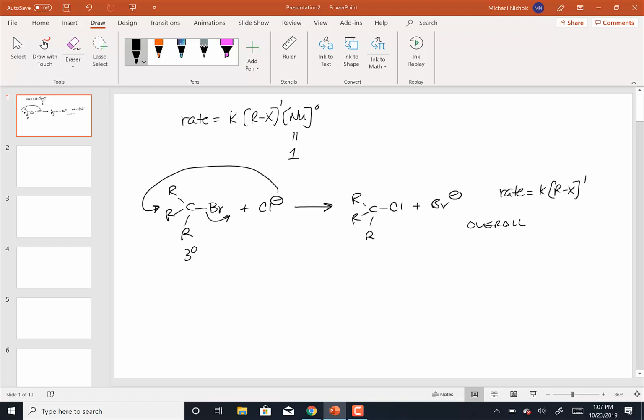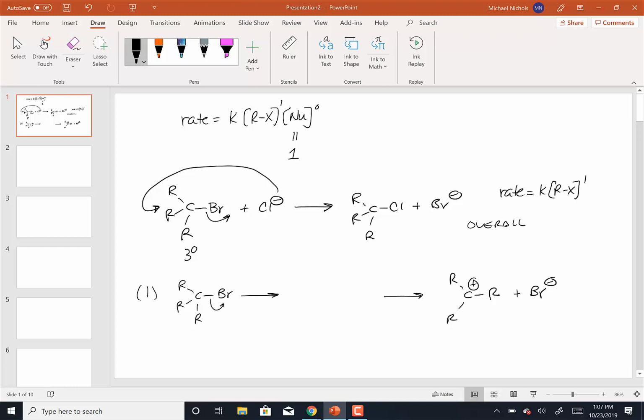So it's got to be multiple steps. For step number 1, what was proposed was that in your alkyl halide, the carbon-bromine bond breaks, and we form a carbon that only has 3 things bonded to it and a bromide.